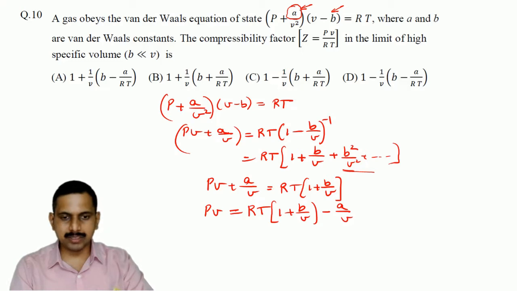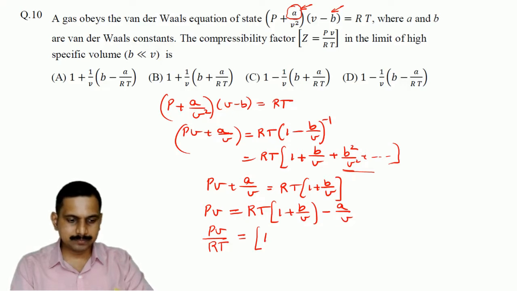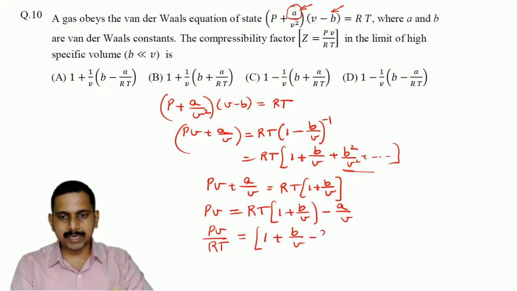Now simplifying this, I will get PV/RT is equal to, I can write this as 1 + b/V − a/V, okay, so here we'll have a/V into 1/RT.